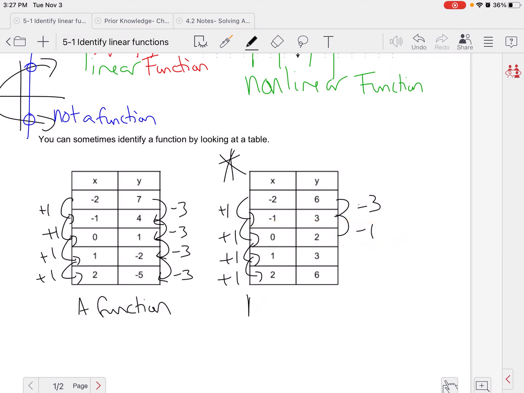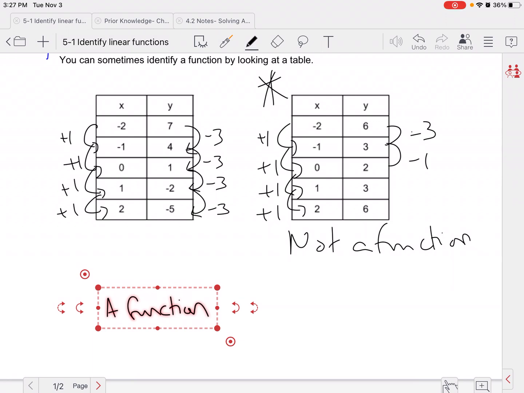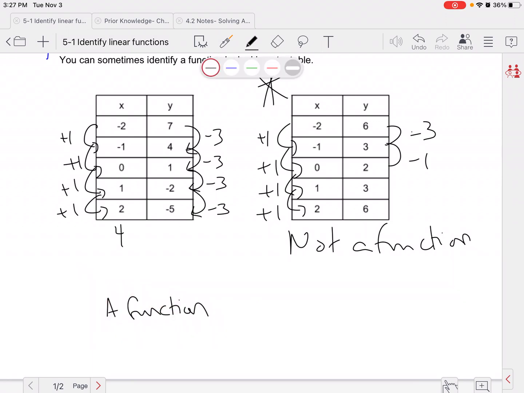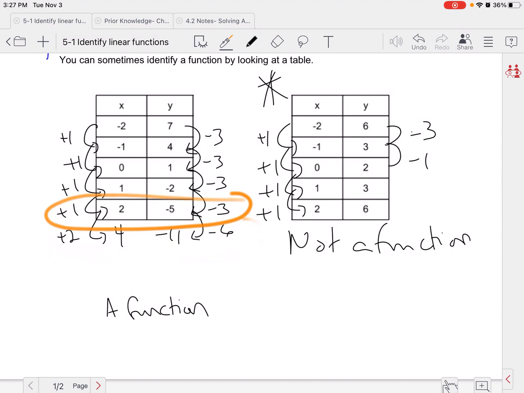Let me get my writing tool. Now, let's say I had added the point 4 and -11. This hop would have been +2, and this hop would have been -6, right? But 2 and 6 reduces to 1 and 3, so that's the same level.